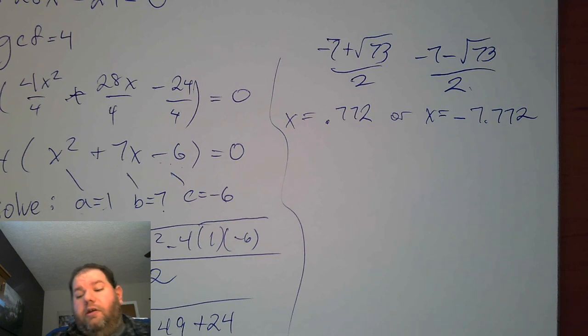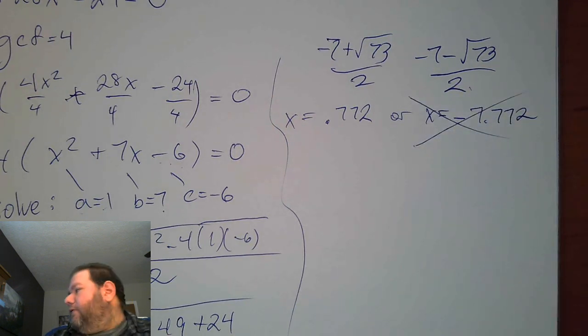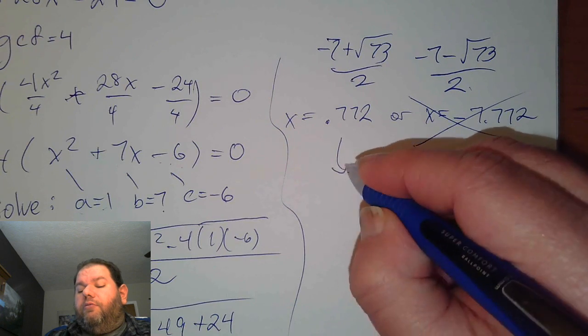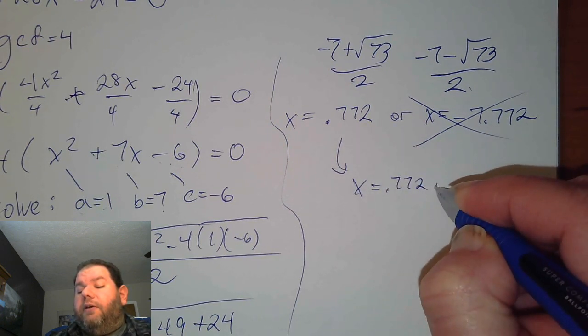No. It's not realistic to say that a flower bed or component of a flower bed is -7.772 feet wide. It doesn't make any sense with it being negative. So we can rule out the -7.772 as a valid solution. It's not going to be valid to this problem. And so we're going to go ahead and say x is 0.772 meters.